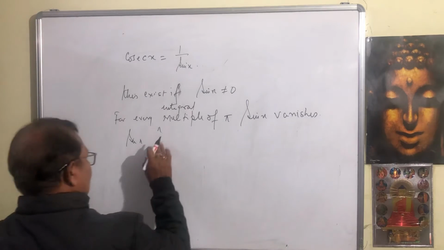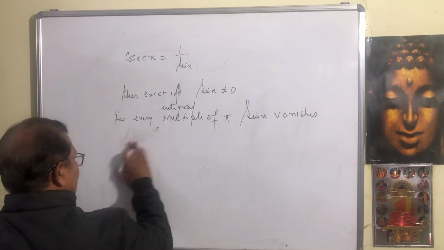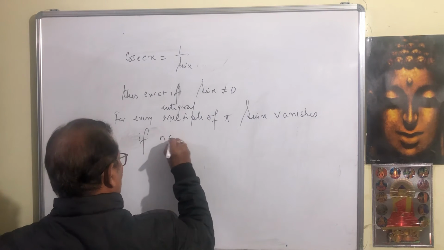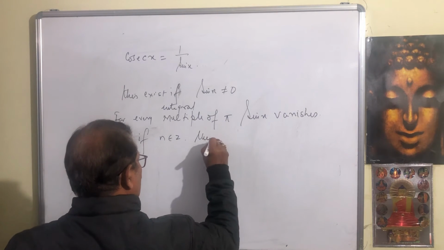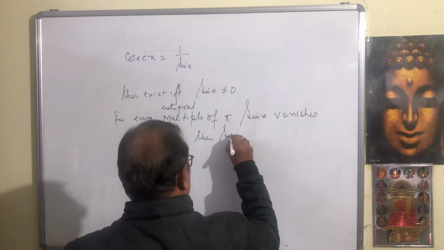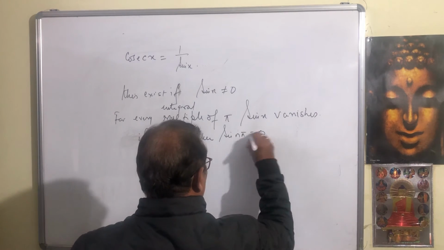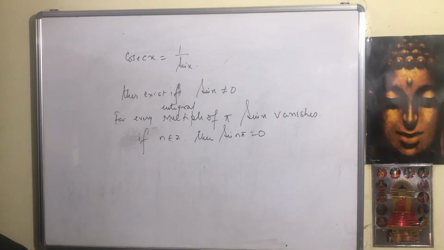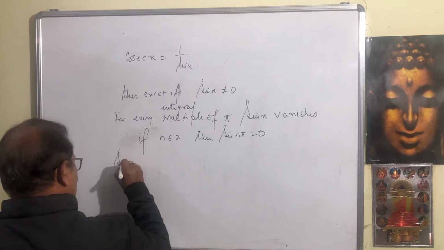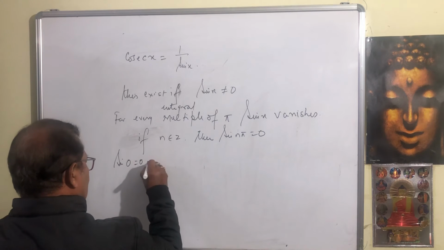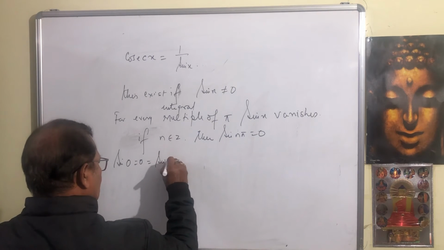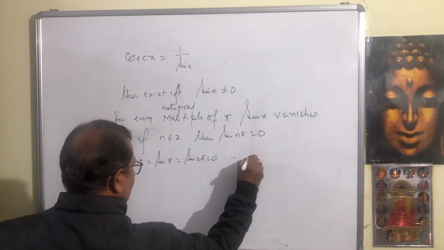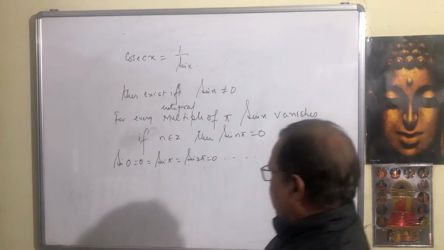For example, let us see here. I would like to say, if n belongs to Z, then sin n pi is equal to 0. That means if n is 0, sin 0 is 0. Sin pi is 0. Sin 2 pi is 0. So on and so forth.